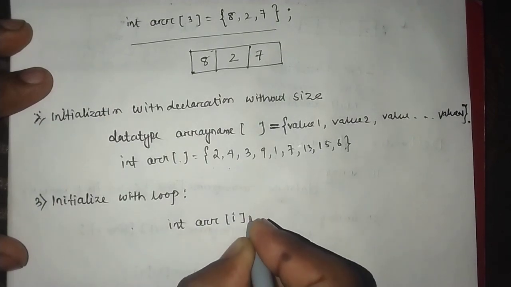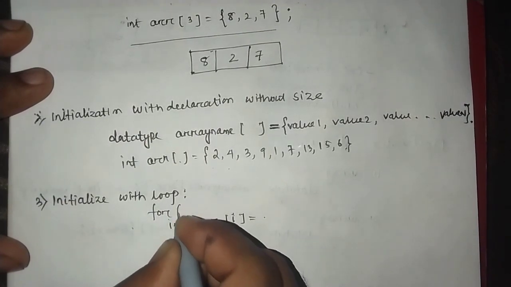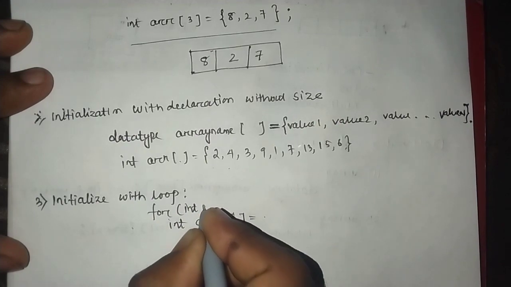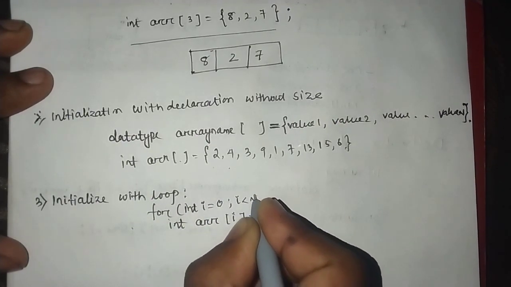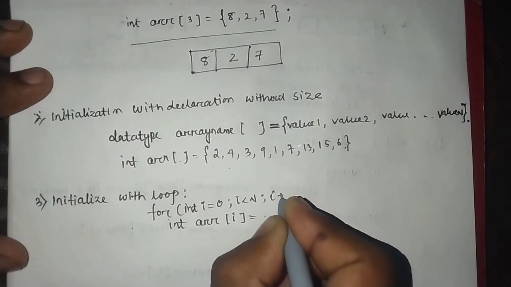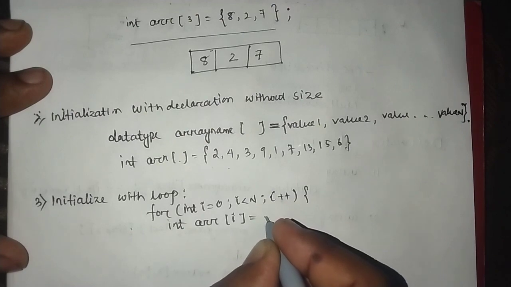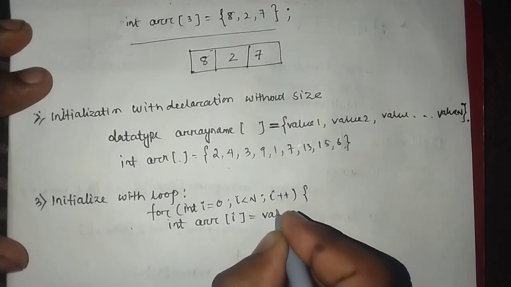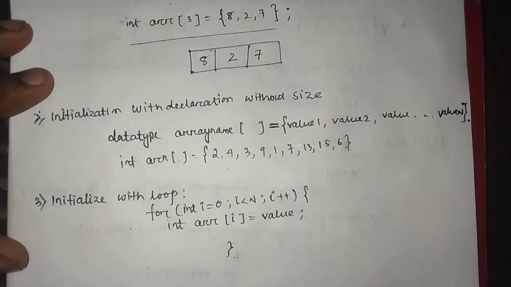The code will be something like this. First of all, a for loop: int i starting from the 0th index to the nth index, i plus plus. Then in the curly brackets write the value assigned to it.